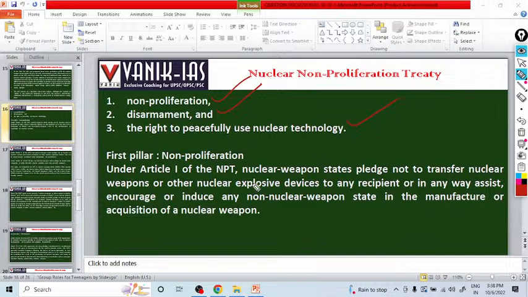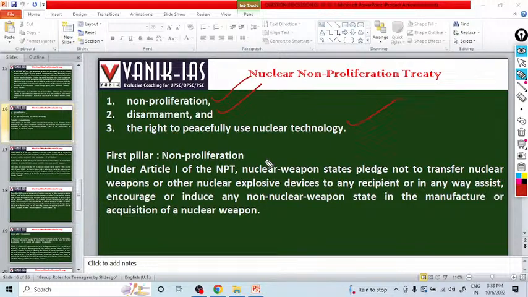Fine. The first pillar is non-proliferation. Under Article 1 of the NPT, nuclear weapon states pledge not to transfer nuclear weapons or other nuclear explosive devices to any recipient or in any way assist, encourage or induce any non-nuclear weapon states in the manufacture or acquisition of nuclear weapons. That is Article 1, regarding non-proliferation, or the spread of nuclear weapons and weapon technology. Article 1 provides that nuclear weapon states, these 5, the N5, pledge not to transfer nuclear weapons or other nuclear explosive devices to any recipient or in any way assist, encourage or induce any non-nuclear weapon states in the manufacture or acquisition of nuclear weapons.